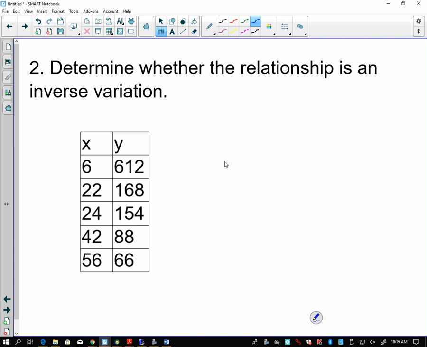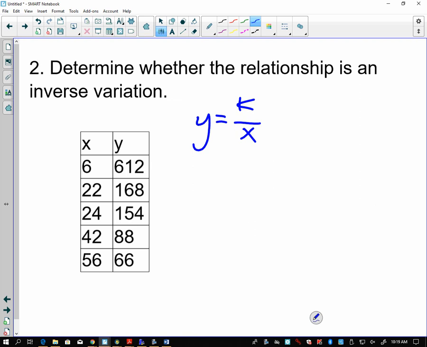But in terms of my work, what does an inverse variation look like? Just the standard form of the equation. Y equals, no, that's slope-intercept, k over x. Okay? In order to determine if this is an inverse variation, what do I have to solve for?